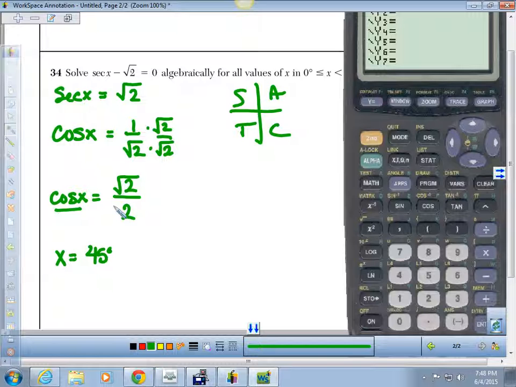Well, where is cosine positive? Quadrants 1 and 4. Well, we found our first quadrant reference angle, didn't we? Well, now we just need to put that reference angle into quadrant 4. How do I put 45 degrees over into quadrant 4? 360 minus 45, which is 315 degrees.